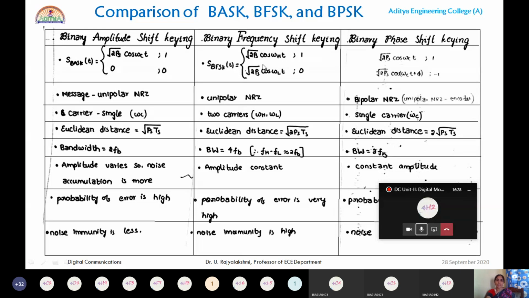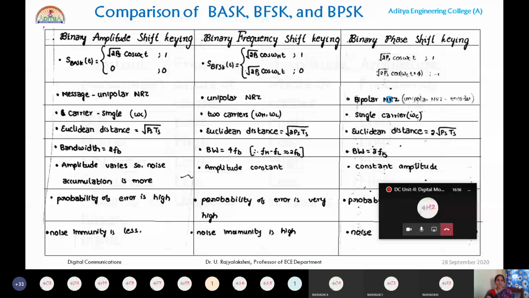So like that, you can write the general expression and the detection techniques. In both ASK and FSK, you studied coherent and non-coherent detections. In PSK, you studied the non-coherent version of PSK as differential PSK. Okay, so many factors are there. You can compare in all aspects, but we mentioned a few key points.